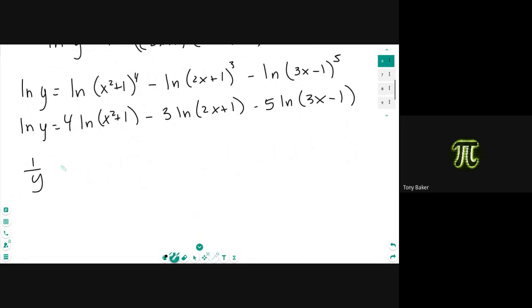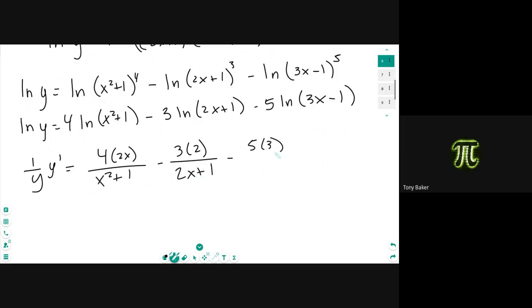So this is 1 over y prime equals 4 times 2x over x squared plus 1 minus 3 times 2 over 2x plus 1 minus 5 times 3 over 3x minus 1.